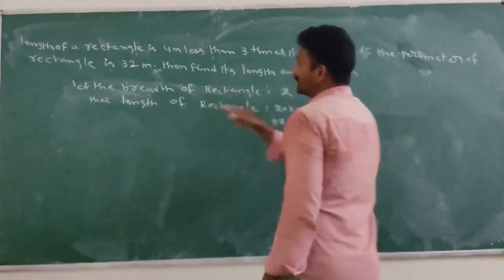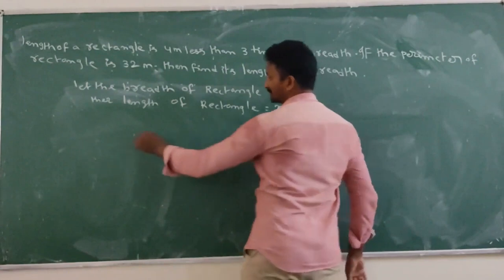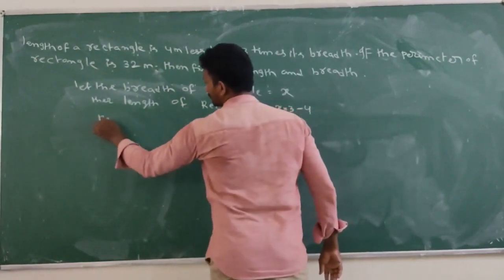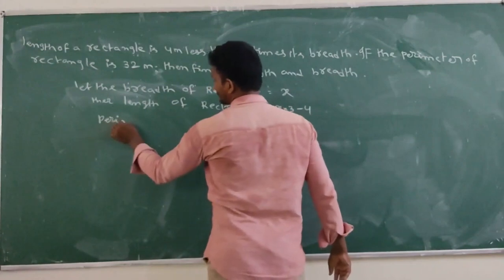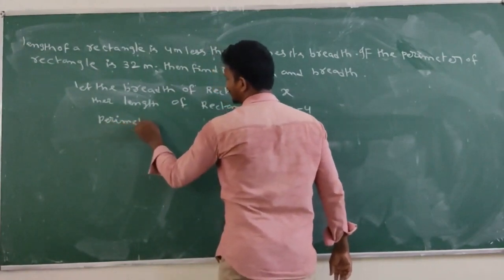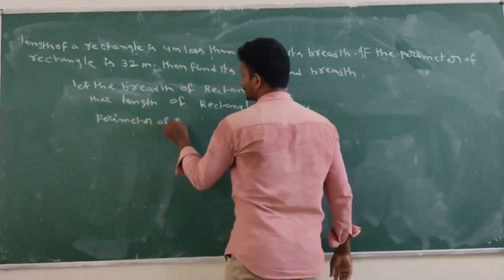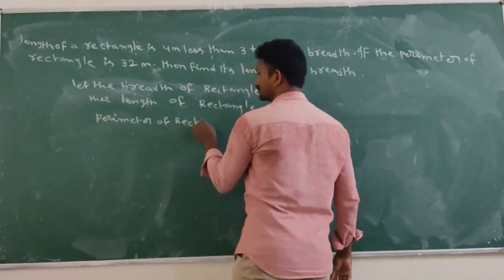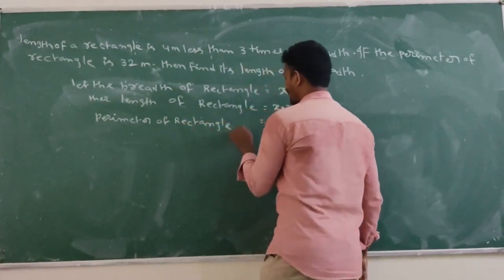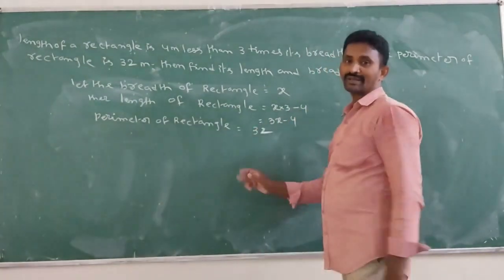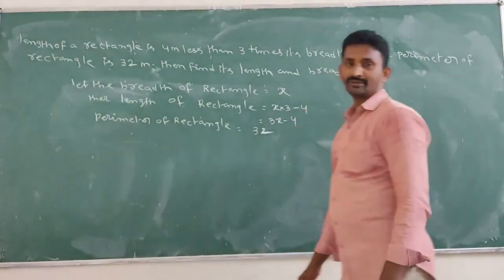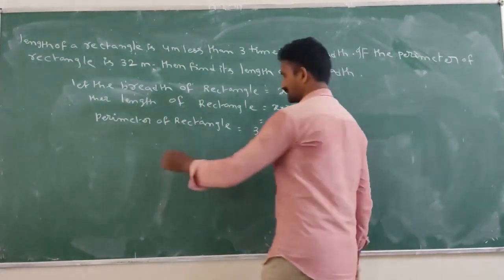Perimeter of rectangle is 32. The perimeter of a rectangle formula is 2 into length plus breadth.